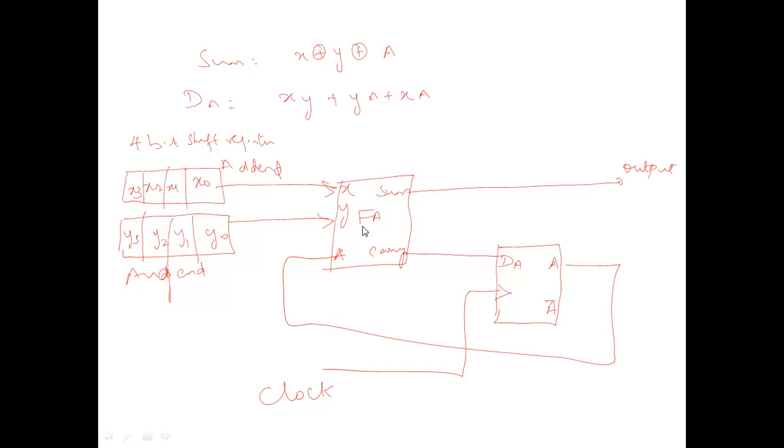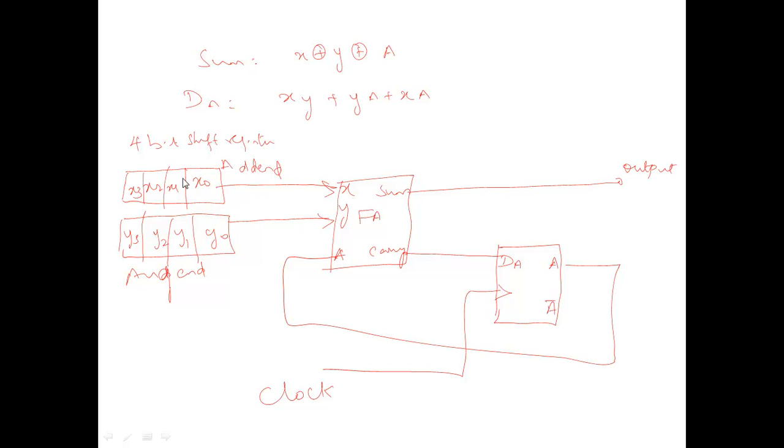Okay, so but we want to add 4-bit numbers. We are first storing the 4-bit binary numbers in a shift register manner. So for every clock pulse, shifting will happen, and that will serially get entered into the full adder circuit.